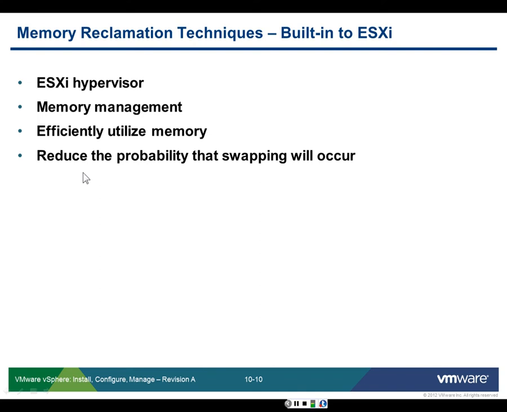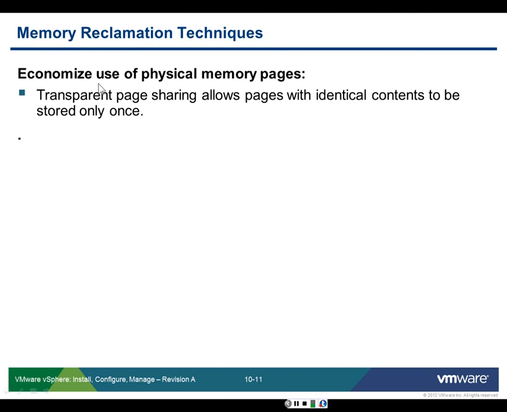So let's look at these different memory reclamation techniques which are part of the hypervisor. The first one is economize use of physical memory pages. Transparent page sharing is where pages with identical contents are stored only once.